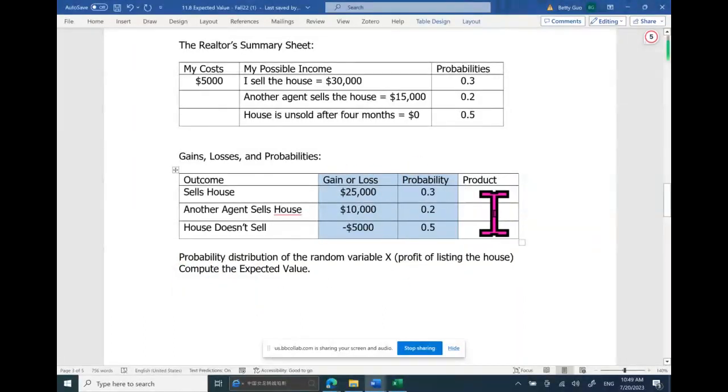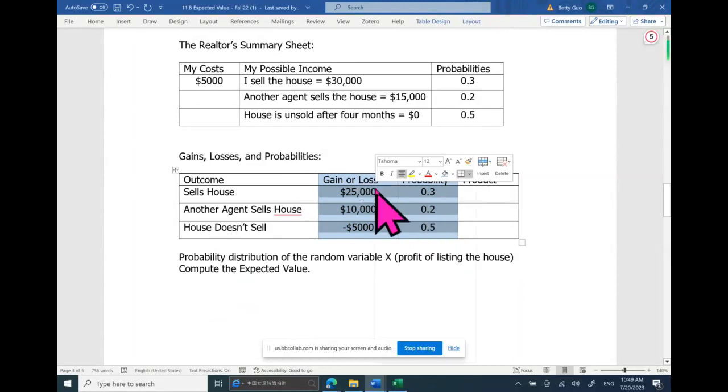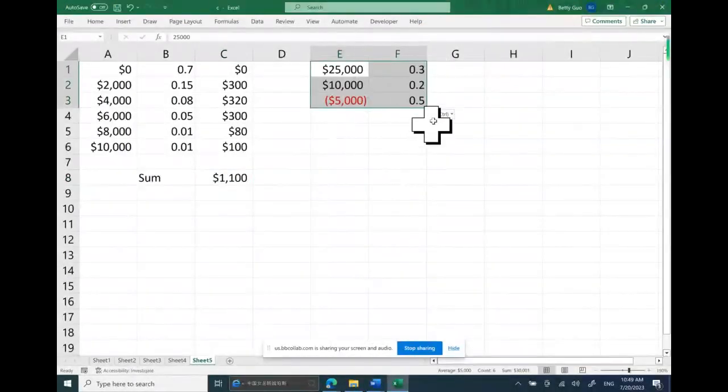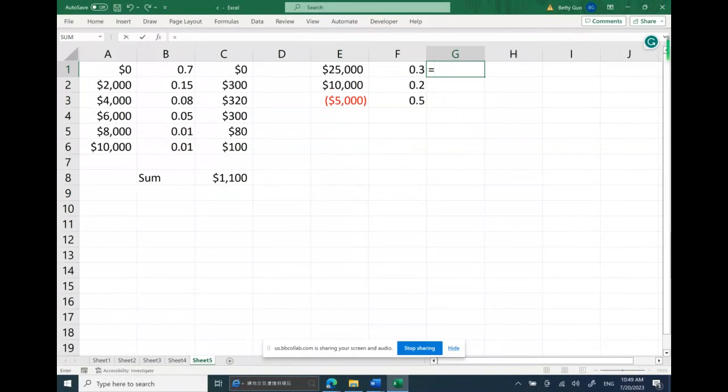And we add one more column, then we can calculate the product. Please do that using your calculator. I'm just going to use Excel. In Excel, if the value is negative, it's going to show up in red color. If it's in black, that means positive. So we are going to multiply each possible profit by the corresponding probability.